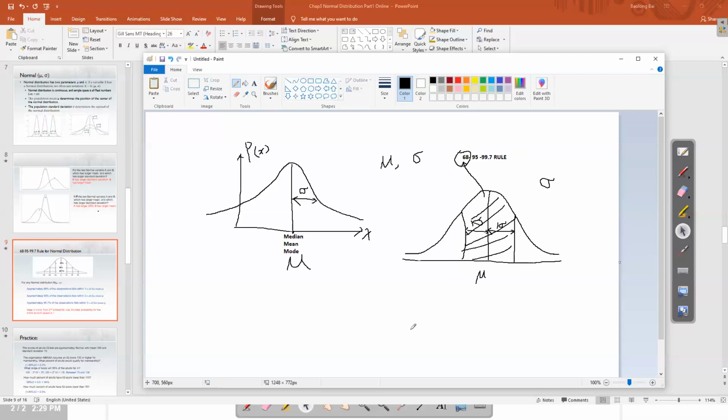Okay. And then likewise, if we have a normal distribution, but now you measure 2 standard deviations from the center on both sides, then the middle probability will be 95%.